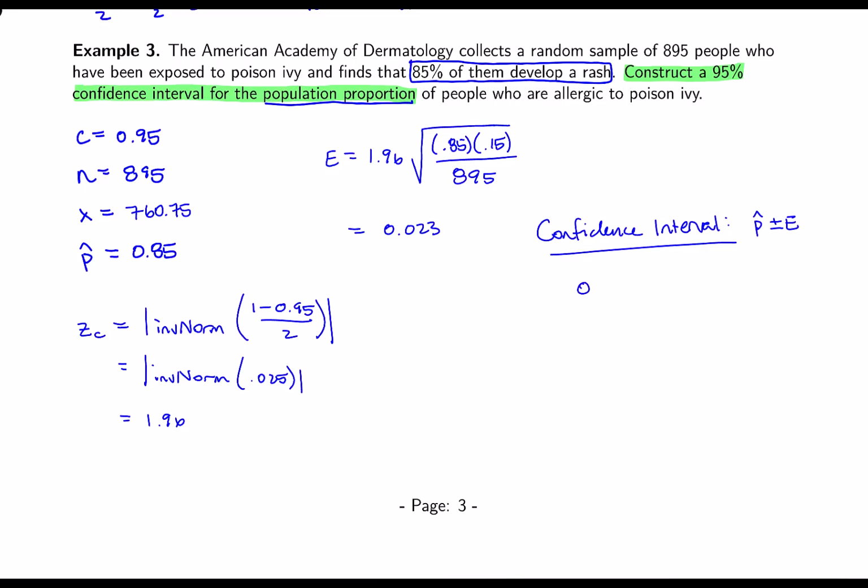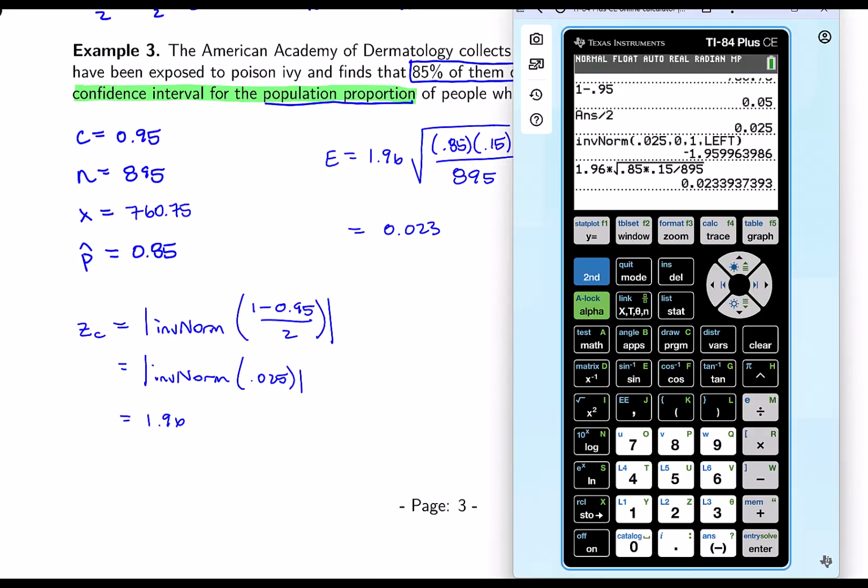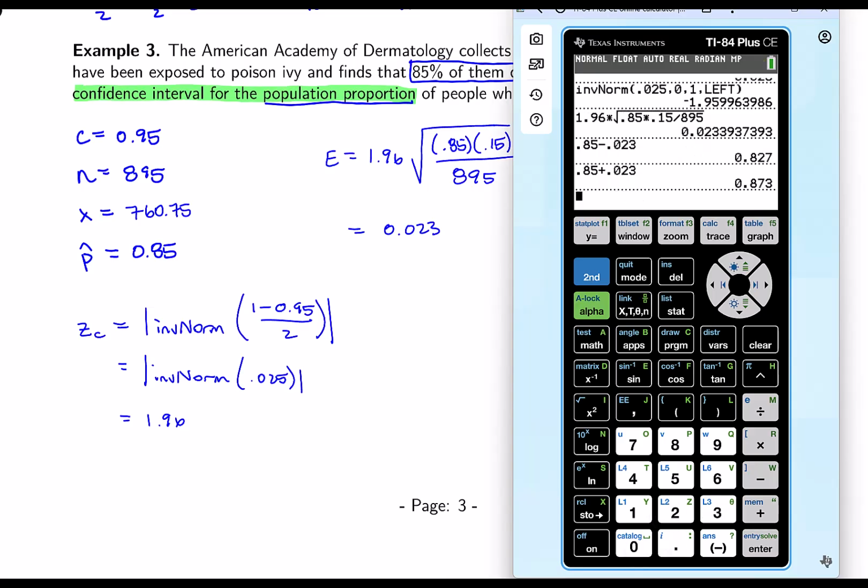So the point estimate in this case is p hat, which is 0.85. We're going to add and subtract 0.023 to that, and let's see what we come up with. So 0.85 minus 0.023, and 0.85 plus 0.023, so we get 0.827 and 0.873.